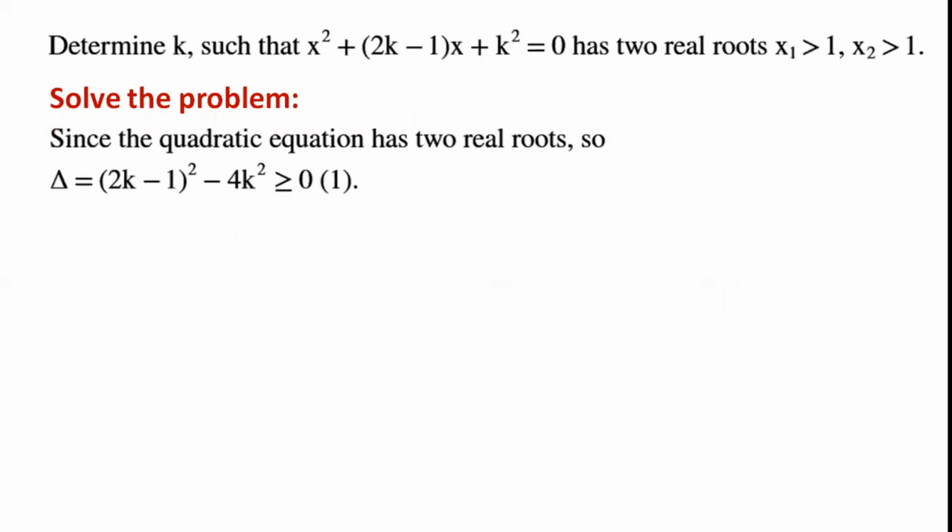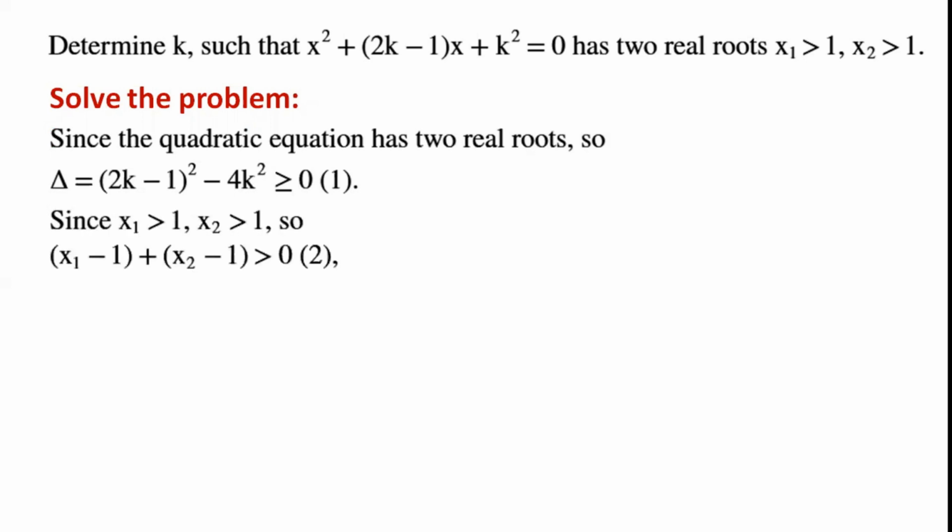Since the quadratic equation has two real roots, the discriminant (2k minus 1) all squared minus 4k squared is greater than or equal to 0.